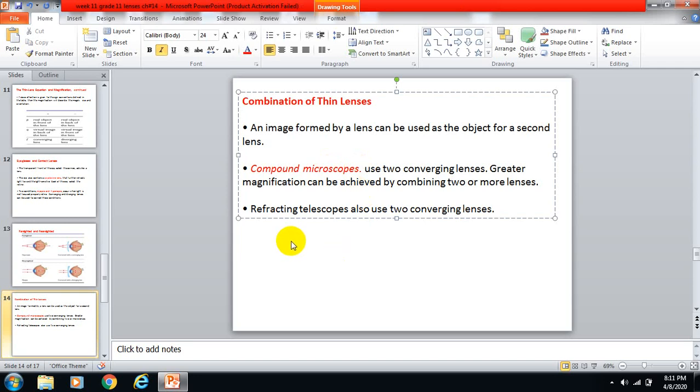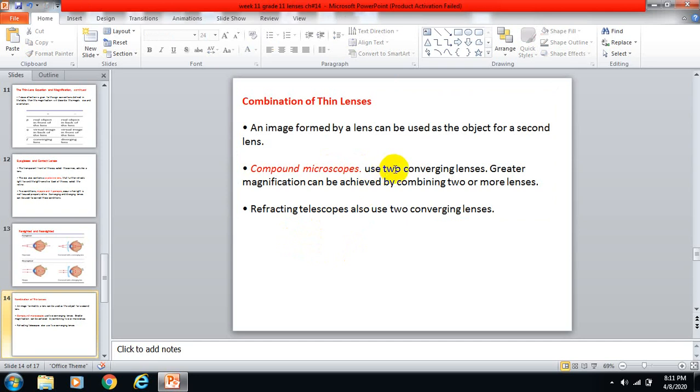Got the idea? Using two converging lenses, greater magnification can be achieved, like zooming, clear view, better pictures, better pixels, like you can call it HD as well, that can give you each and every small thing in a better and classic way.